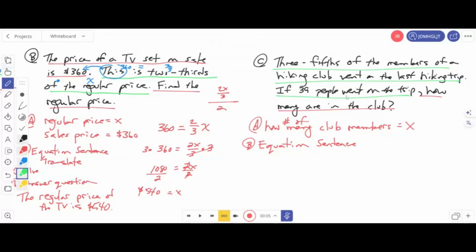All of that is the equation sentence. So we need to translate. Three-fifths of means times the members of the club. Well, the members of the club, they're X members of the club. And they went on a hiking trip, and the number of people that went is 39. So our equation is 3/5 X equals 39.